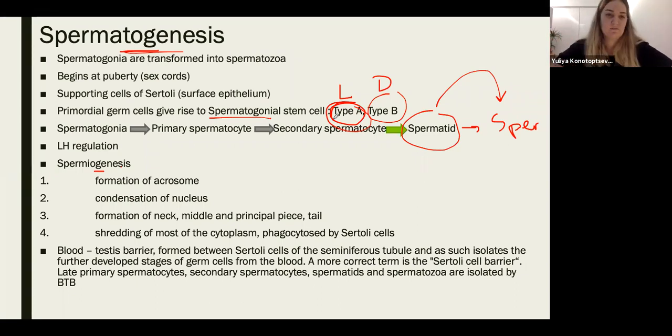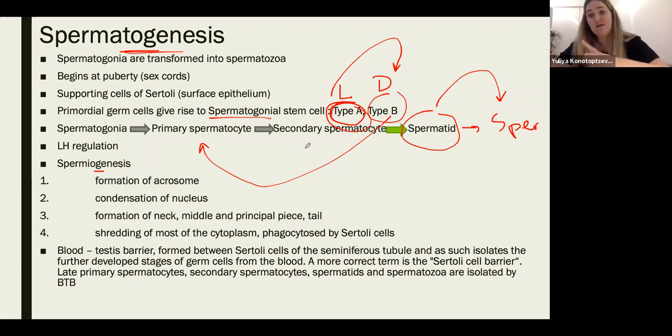This type A stem cell gives rise to type B, and lets type B divide to become primary, then secondary, then spermatid, etc. Type A is always a stem cell. It only gives rise to type B. Let type B do everything else.